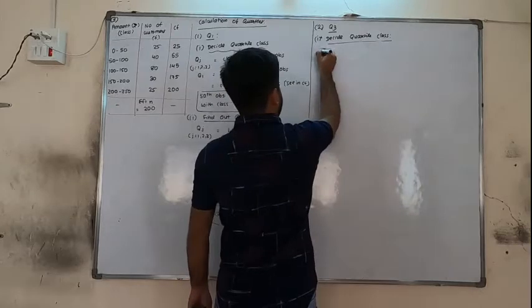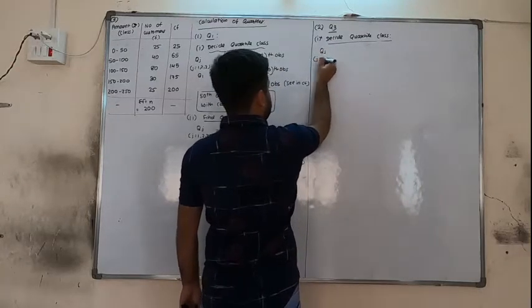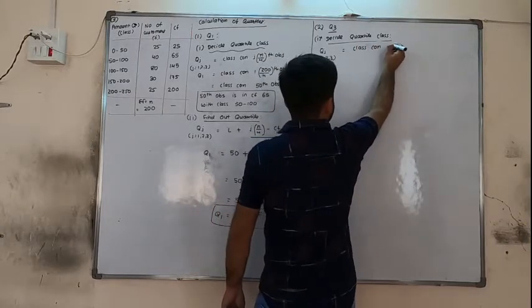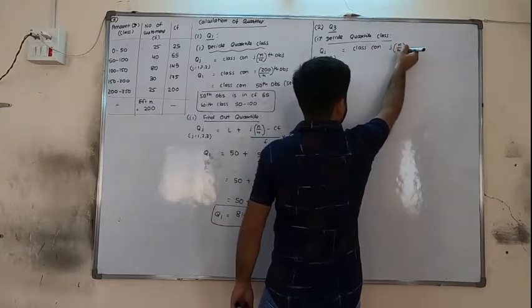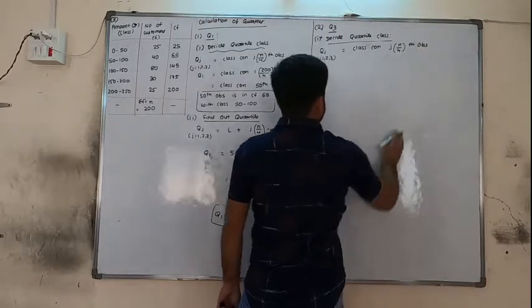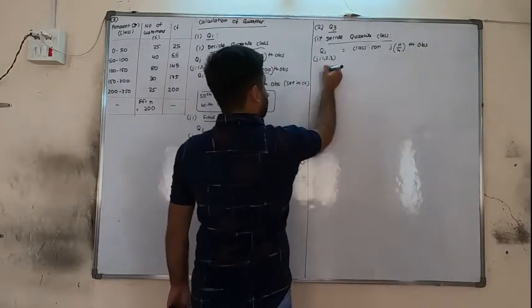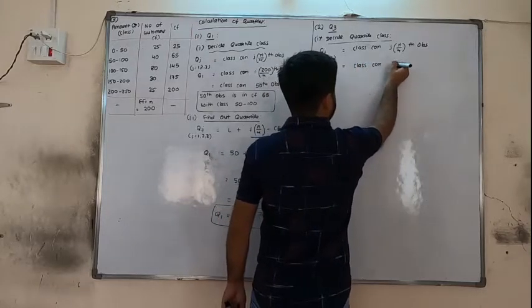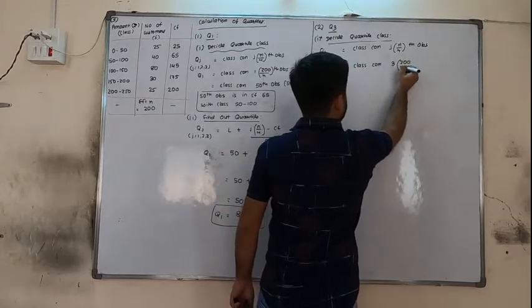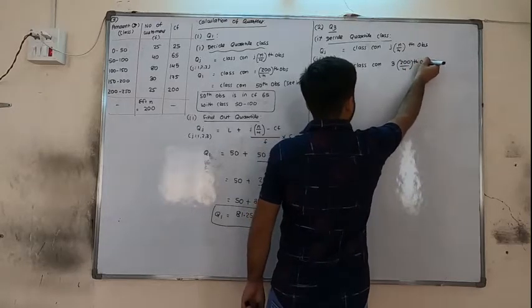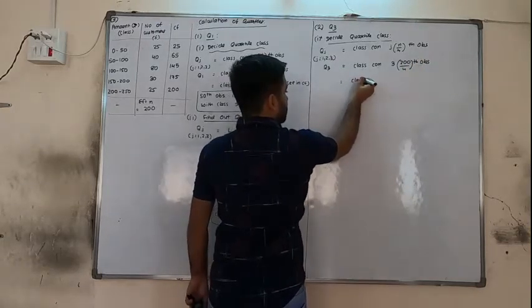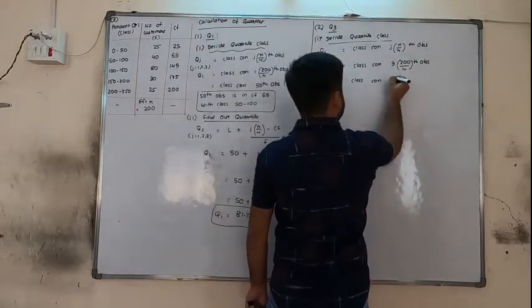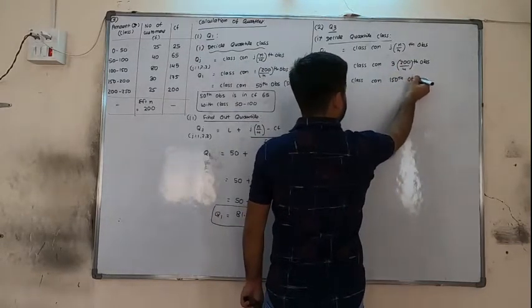Qj, j is 1, 2, 3, is the class containing the j n by 4th observation. We need Q3, the class containing 3 into 200 by 4th observation. So 200 by 4 is 50, 50 into 3, the 150th observation.